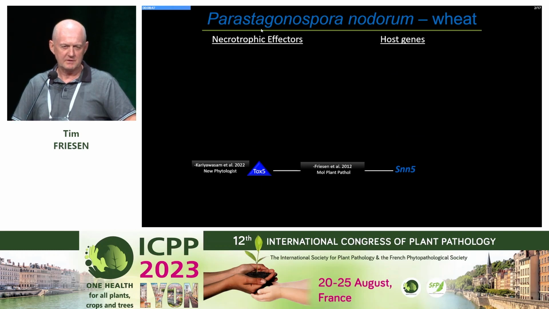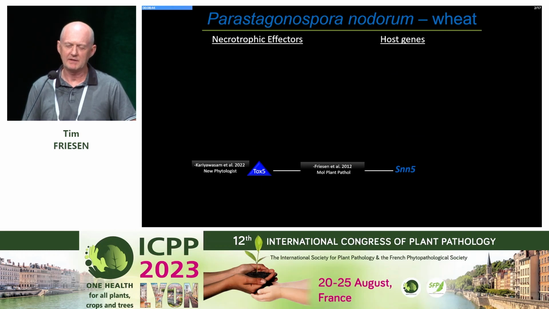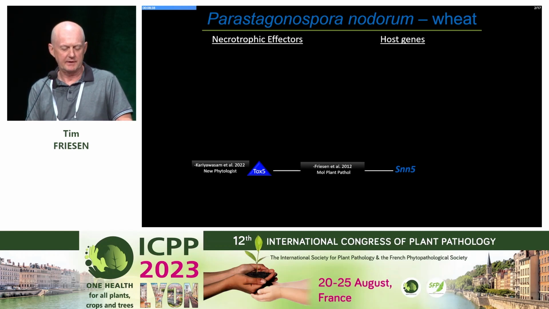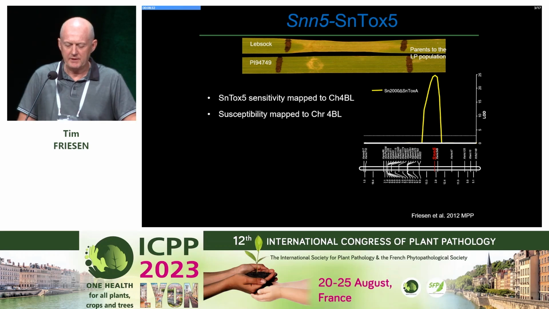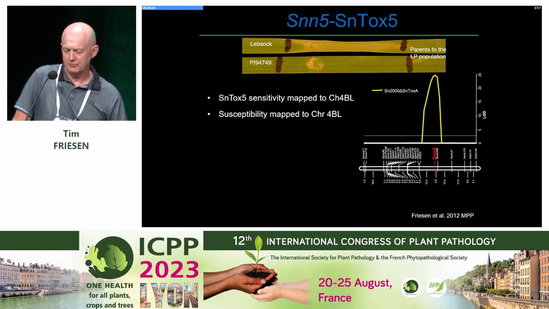I want to focus here on the TOX5 SNN5 interaction. This is the most recent effector that we've cloned and characterized. Quite some time ago, we identified TOX5 in culture filtrates and mapped the sensitivity gene, which we called SNN5, corresponding to TOX5, on chromosome 4BL in the wheat genome.